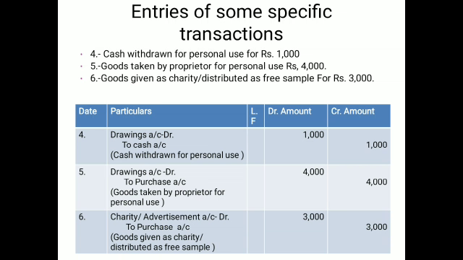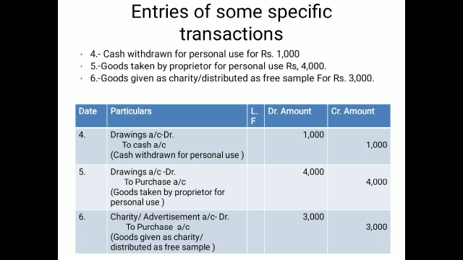Now the next is the goods has been given as charity, then charity means donation, then charity account debit as a loss, and the word goods is referring to purchase, which is to be credited because it is reducing the stock. We are writing here with the name of purchase and sale, but you can't write here sale. We have to write down charity account debit to purchase, as purchase is reducing and shifting these reductions to the charity as loss.